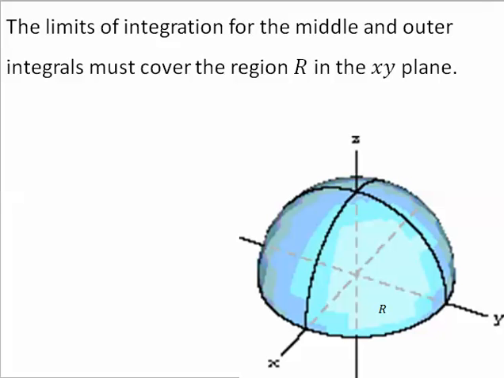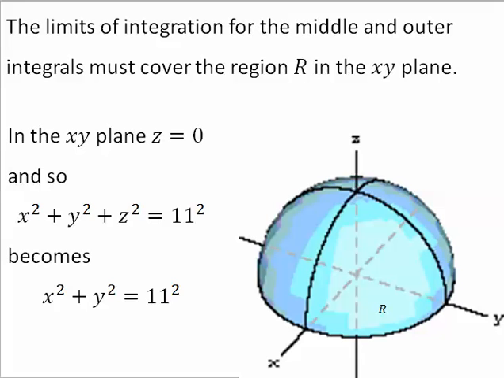The limits of integration for the middle and outer integrals must cover the region R in the xy plane. In the xy plane, z equals 0, and so x squared plus y squared plus z squared equals 11 squared becomes simply x squared plus y squared equals 11 squared.